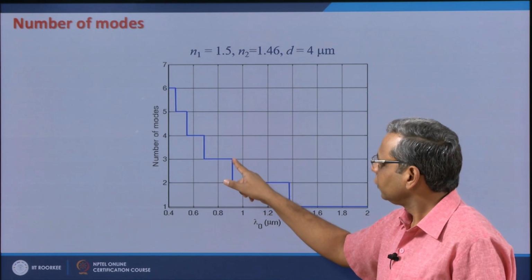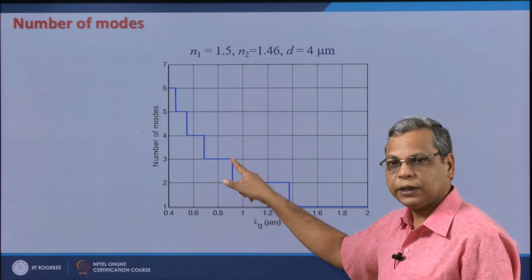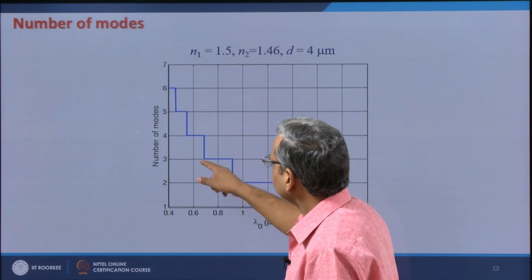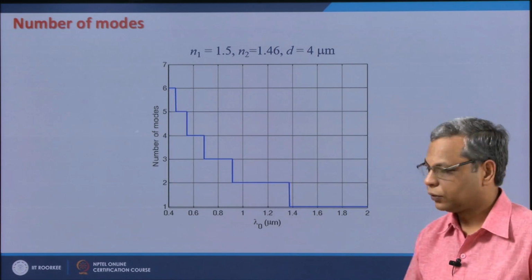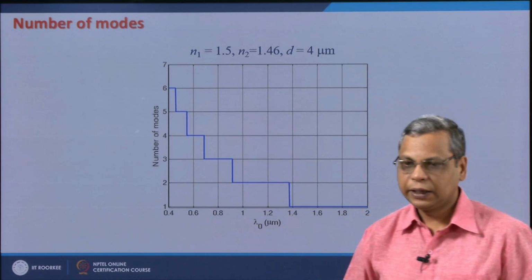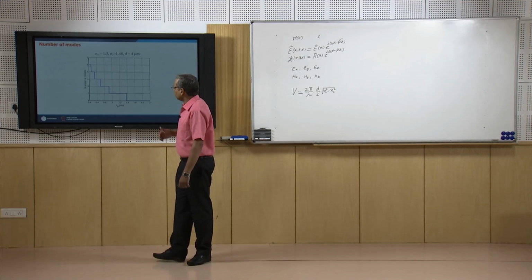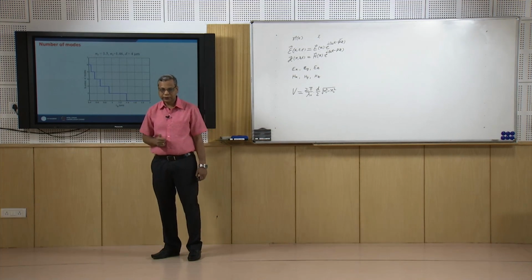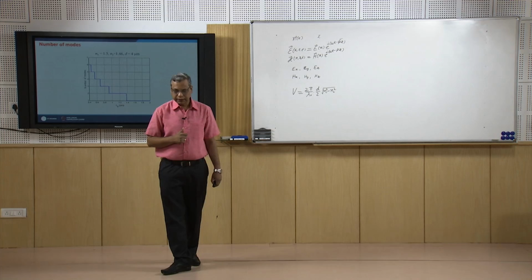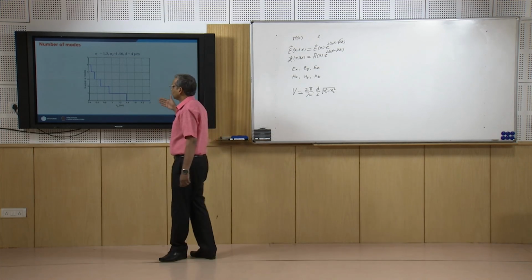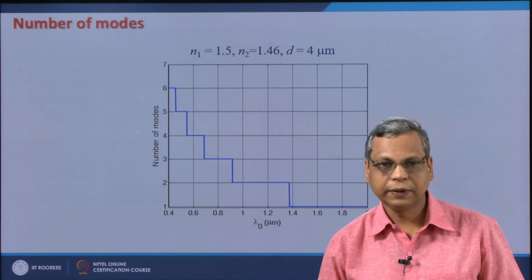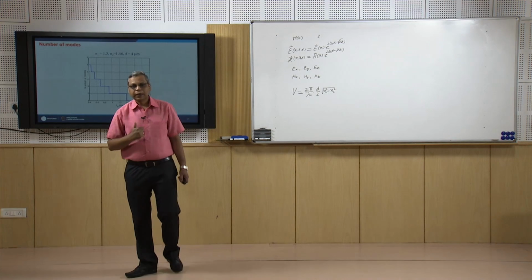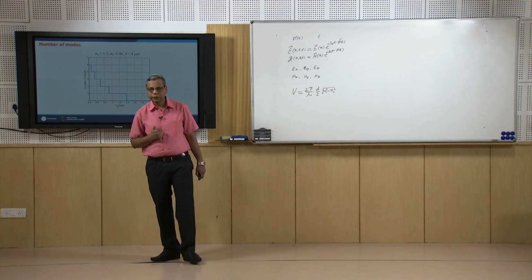Now, here you will have TE0, TE1 and TE2 mode up to about, let us say, a little less than 0.7 micrometer, and then I will have TE3 mode and so on. So as I decrease the wavelength of operation in a given waveguide, the number of modes will change. If I go to shorter wavelengths, I increase the number of modes. So, this is how I can find out how many modes would be supported.